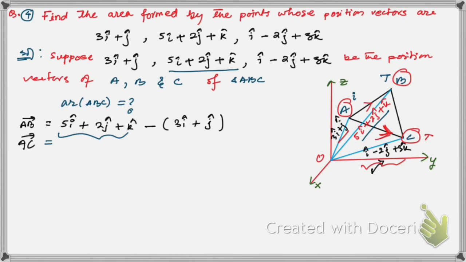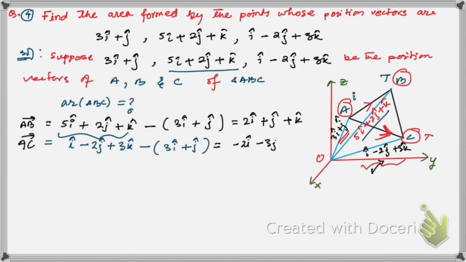So this is the position vector, 3i plus j. Same procedure: position vector of the terminal point minus position vector of the initial point. Then you get these two vectors after subtracting.